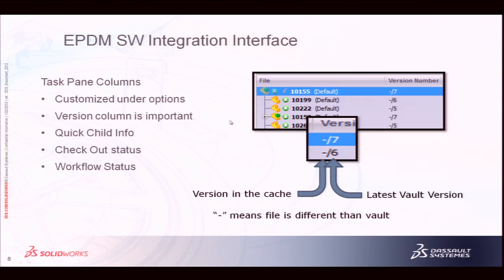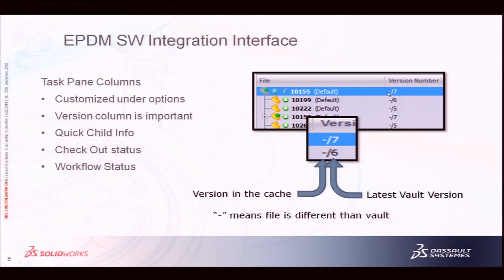So most likely when you look at a file, you're going to see a number on one side and a number on the other. The number on the right side of the slash represents what's available. What's the latest? Is it version 10, 20, 50? And the number on the left side of the slash tells you what version you're looking at.